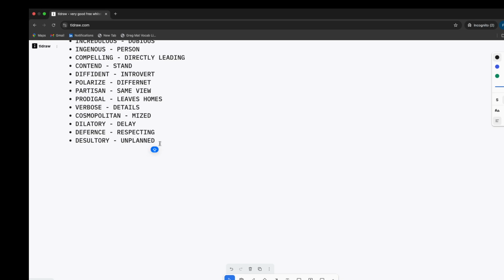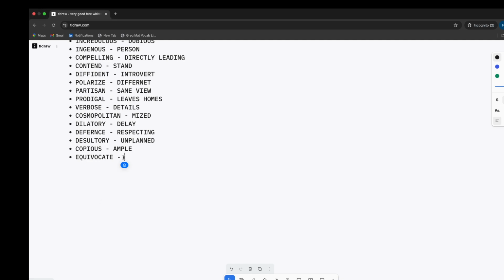Copious is a lot, like ample supply of something, or abundant. Equivocate: equi is two, right? Equivocate is a person who is very confused regarding his views because he's having two views.